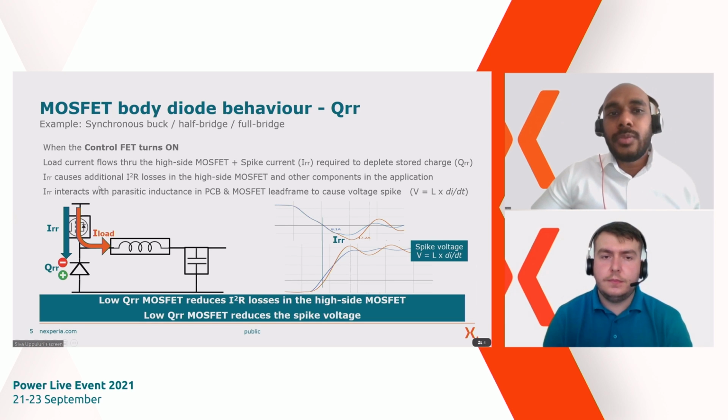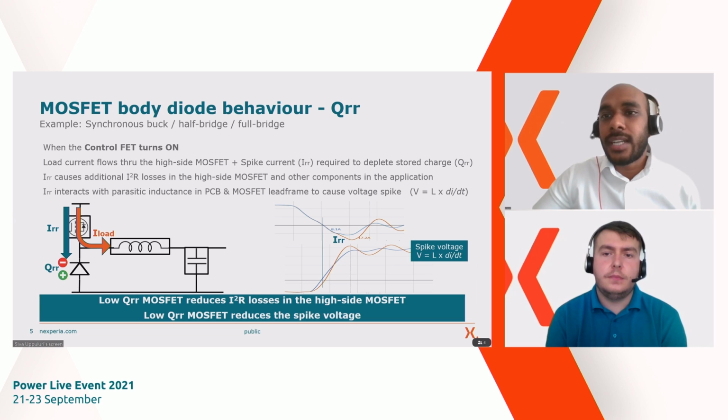The issue with the reverse recovery charge is that when a body diode is reverse biased, you expect it to stop conducting instantly, but it won't happen as long as the reverse recovery charge trapped in the PN junction is not removed from the body diode. This charge is removed in the form of a spike current, which is referred to in the MOSFET datasheets as reverse recovery current.